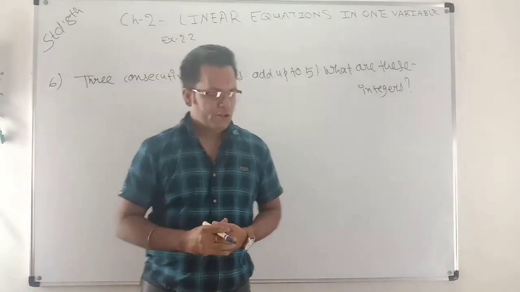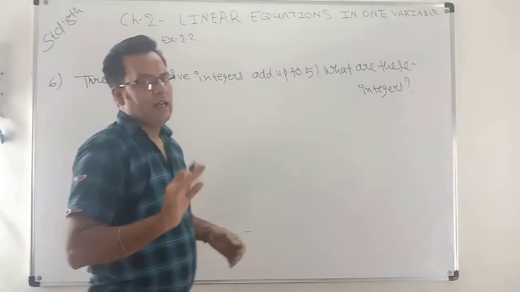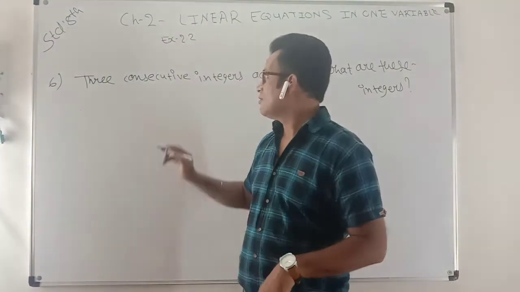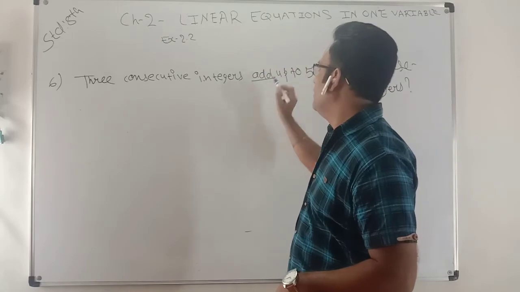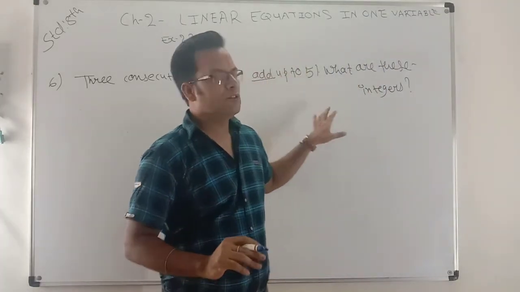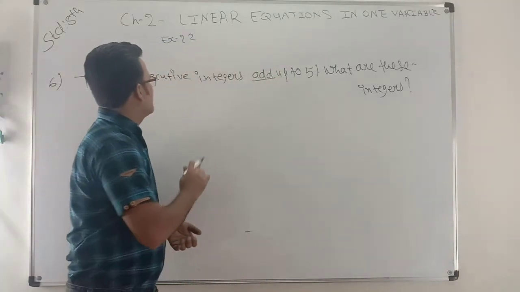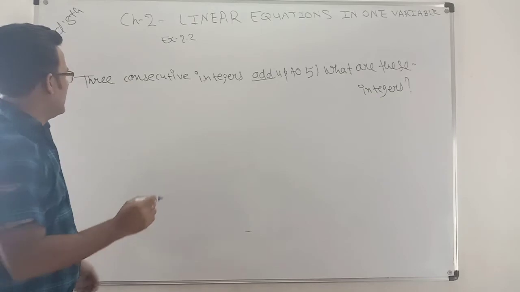And now question number 6. 3 consecutive integers add up to 51. Here also you have to see this word add. Okay? And you have to find those 3 integers. It means here consecutive integers we have to write.